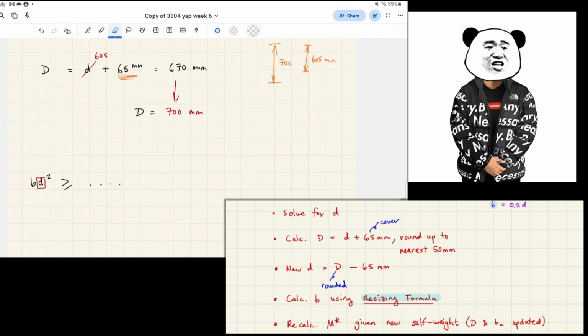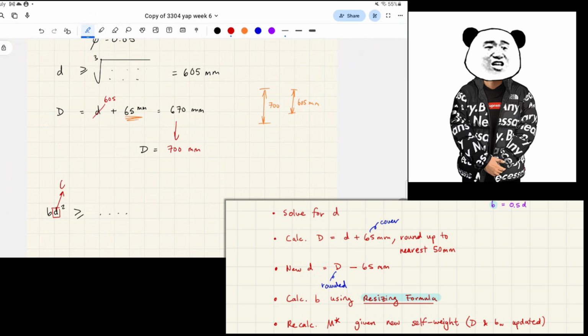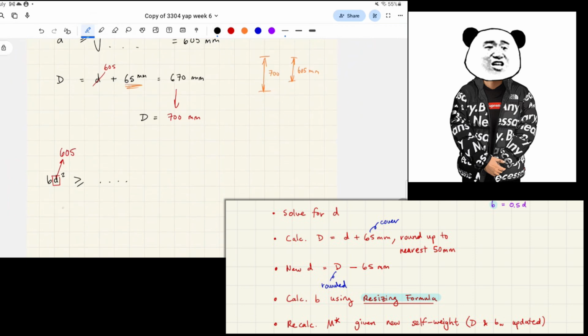Instead of assuming, we can actually just plug in this value for d, which we've calculated as 605, move it to the right-hand side, and we have b is greater than some number. And then here's where it gets even stupider again. We have to round that up to a nice number. For some reason, they rounded to 350.